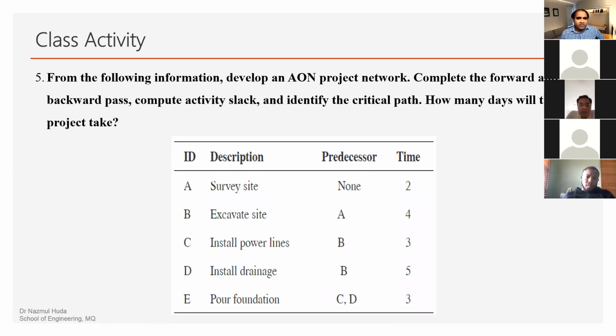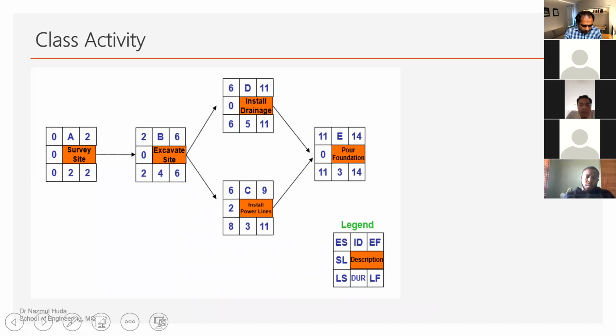Specifically this one, if you look here now, the duration is given. Using the duration, we can have early start, early finish time, and we can calculate the total project duration.